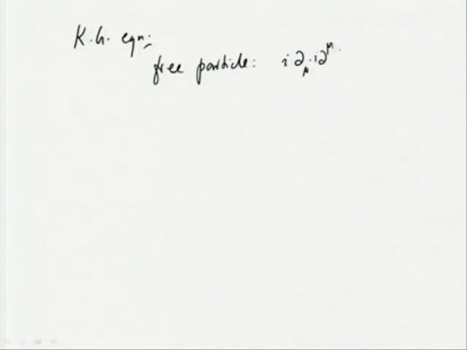Now, with this, let us look at the Klein-Gordon equation. For a free particle, we had dou mu dou mu, or p square, minus m square phi equal to 0.